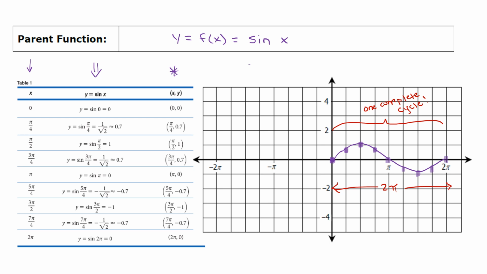So we would have negative 0.7, negative 1, negative 0.7, 0, 0.7, 1, 0.7, and then back to 0. So if we were to connect those dots, let's put an arrow over here because it continues on. We have the parent function of our sine graph. Excellent.